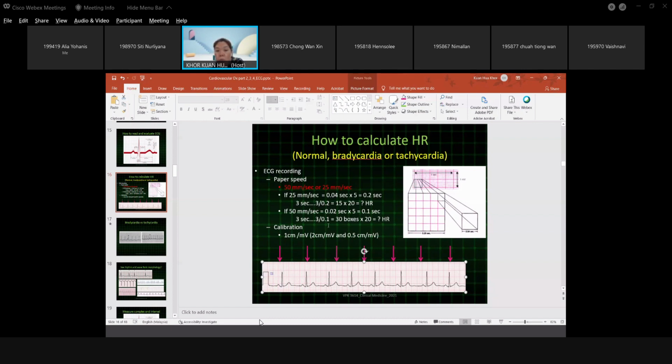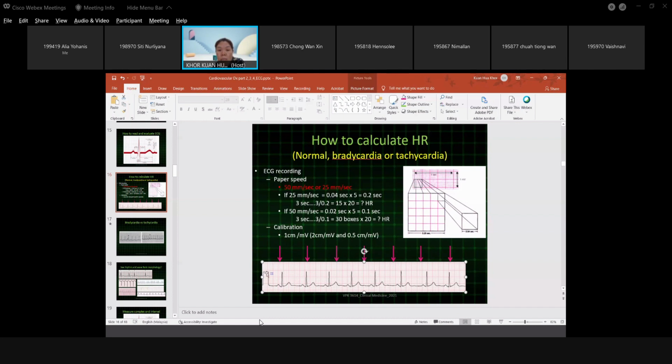For me to get a 3-second heart rate and then convert it to beats per minute, 3 times 20 is 60 seconds. So whatever number of complexes I get within those 3 seconds, I need to multiply by 20 to get the actual heart rate.